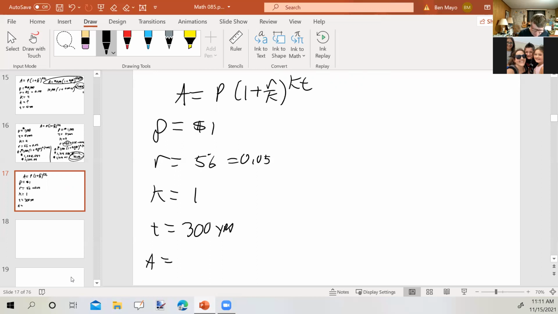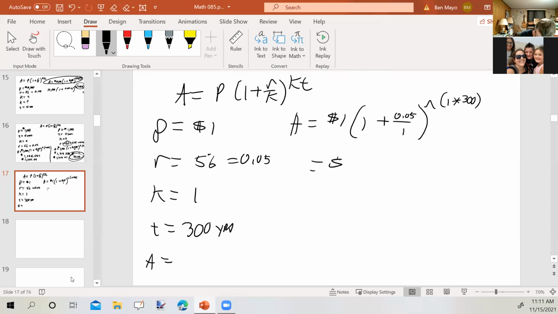So A equals $1 times 1 plus 0.05 divided by 1 raised to the 1 times 300 years, which would be $1 times 1.05 to the 300th power. Do you see how I got that?